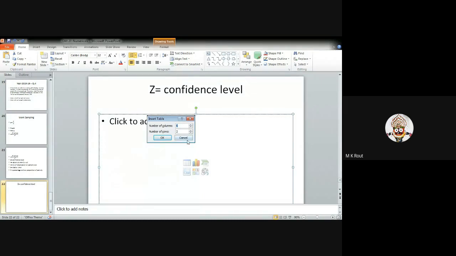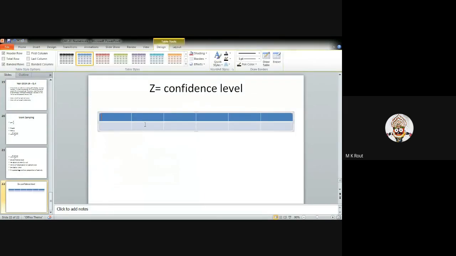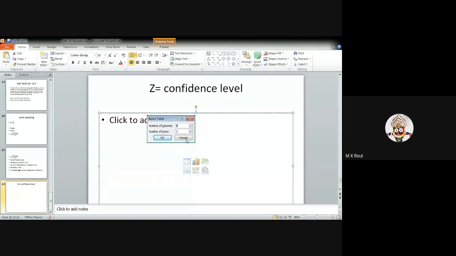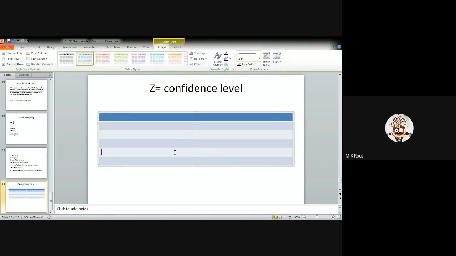This is the desired confidence level, and the next one is the Z value.